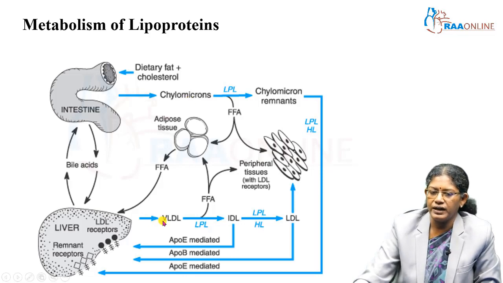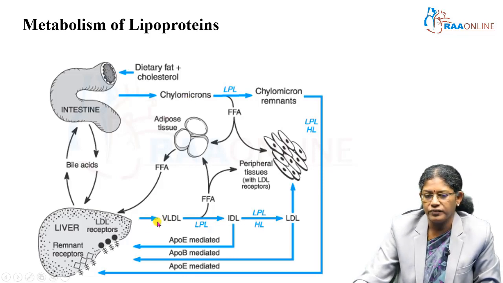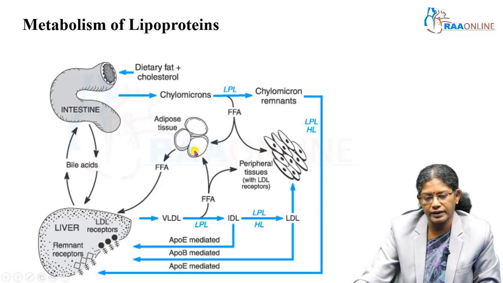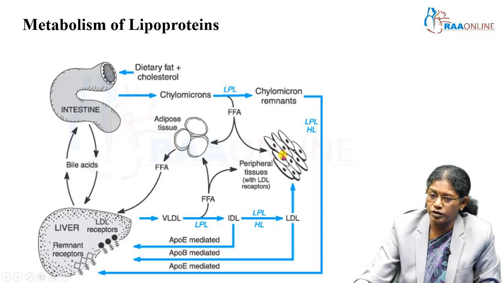And VLDL, the next type of lipoprotein, is secreted from our liver. With the help of LPL, lipoprotein lipase, it converts to free fatty acids, which go to adipose tissue as triglycerides or to the muscles, where they are utilized as energy, and the remnants are absorbed by our liver.